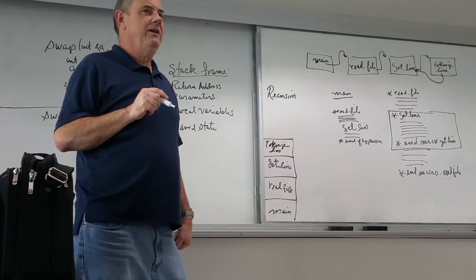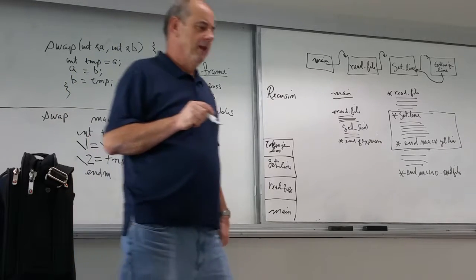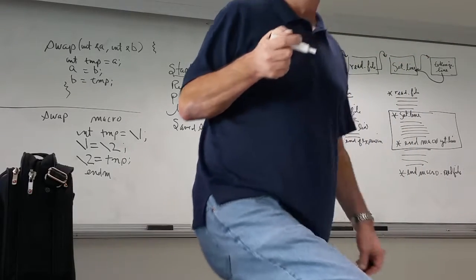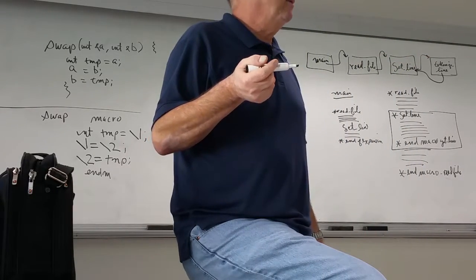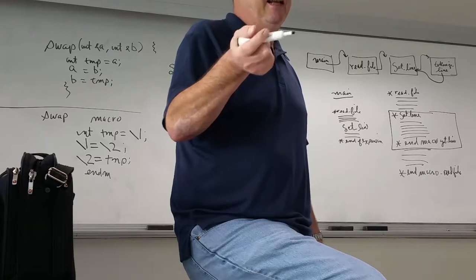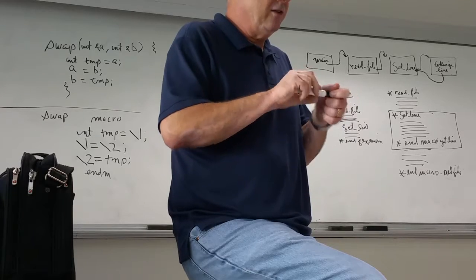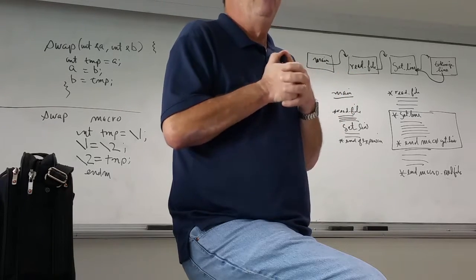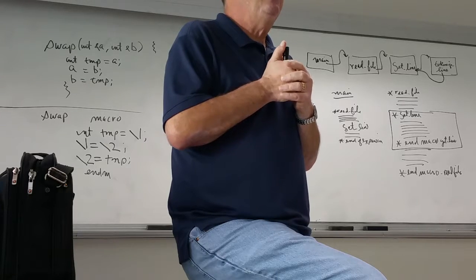Now there's kind of a subtle reason for this. Can you have a macro expansion inside a macro? Yes, well could you expand the same macro inside there? Could I do get line inside a get line if those are macros? I actually could, but there are problems with it. Macro expansion happens when?